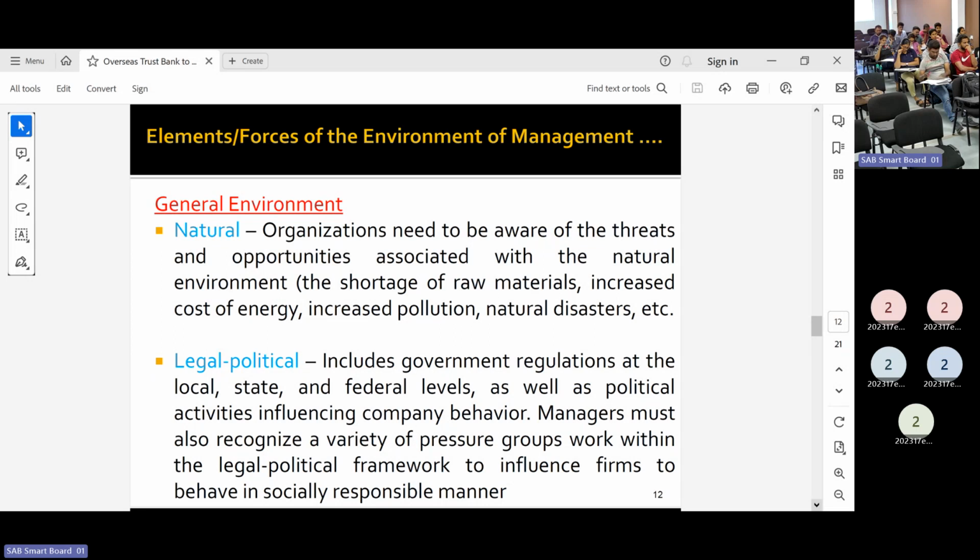Therefore, managers must also recognize a variety of pressure groups, work within the legal political environment, and influence the firms to know how they operate, conduct businesses ethically, as well as in a socially responsible manner that touches the business sustainability challenge of organizations. To be sustainable, they have to conduct businesses ethically as well as in a socially responsible manner.